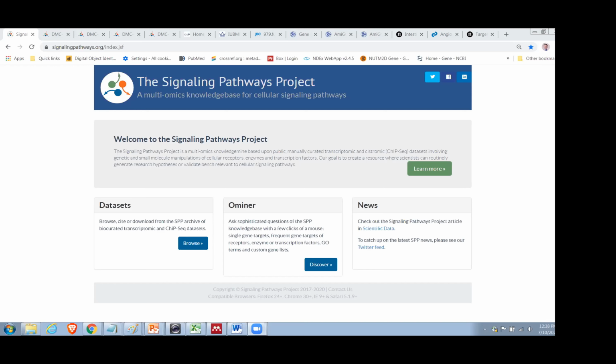And then what I thought I would do then is get some additional information from you as to what it is that you're looking for in the SPP, and those of you who are planning to use it.